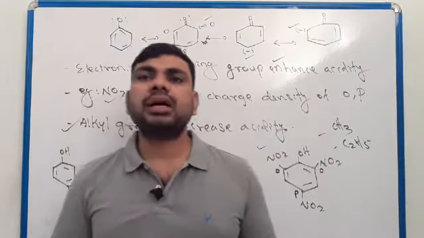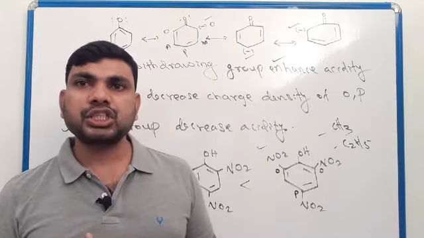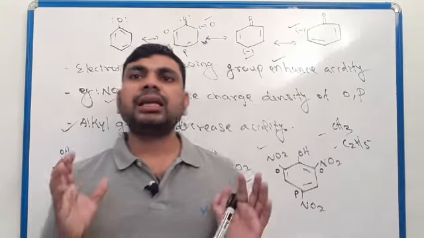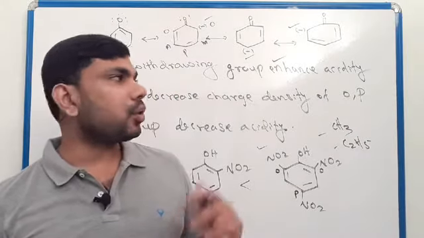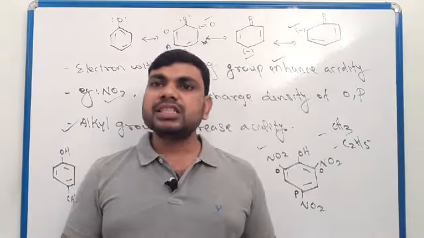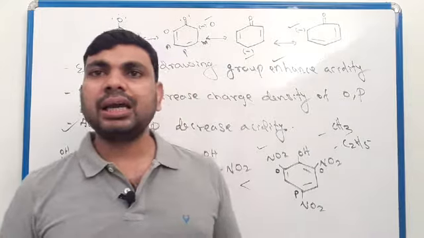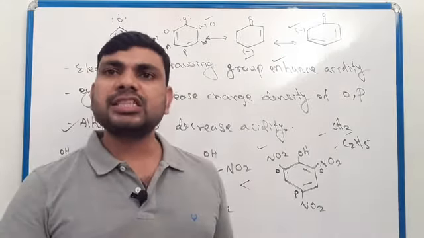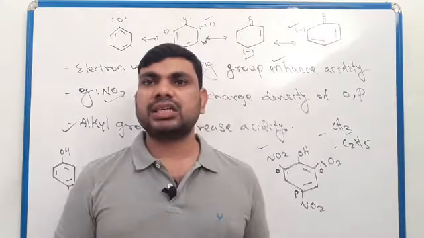So here you have to understand that in phenol, the ortho and para positions carry negative charge, and if there is any electron withdrawing group such as NO2 in the ortho and para positions, it increases acidity. Similarly, any alkyl group such as methyl or ethyl releases electron pairs and decreases acidity.